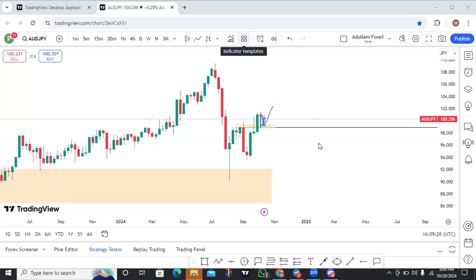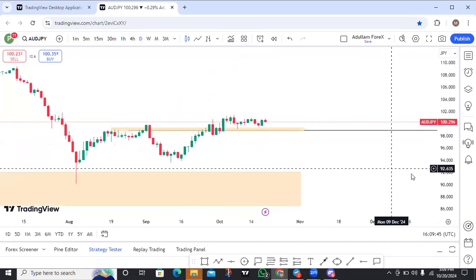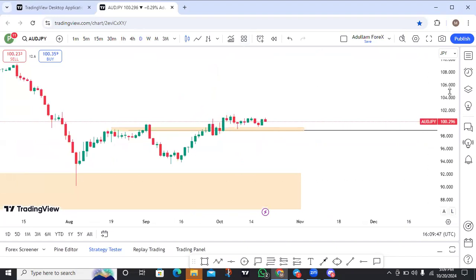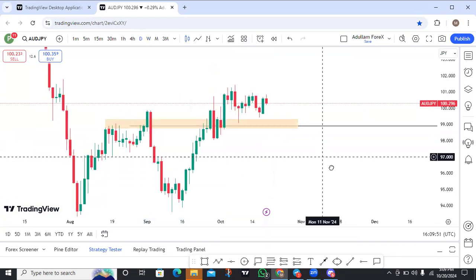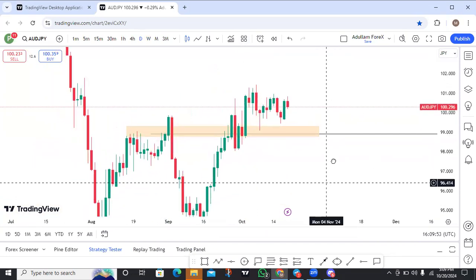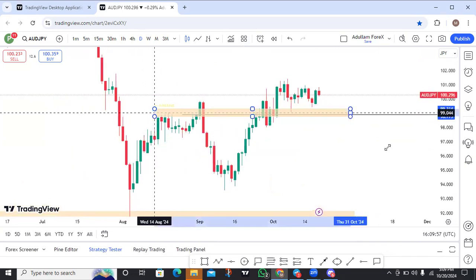So now the market gave us a blind spot, agreeing with the higher time frame that the market is definitely going to push up, right? Now let's go to the daily time frame. On the daily time frame, we have what we call manipulation entry, Quasimodo manipulation. Look at it here. This is like a failed Quasimodo that becomes manipulation.